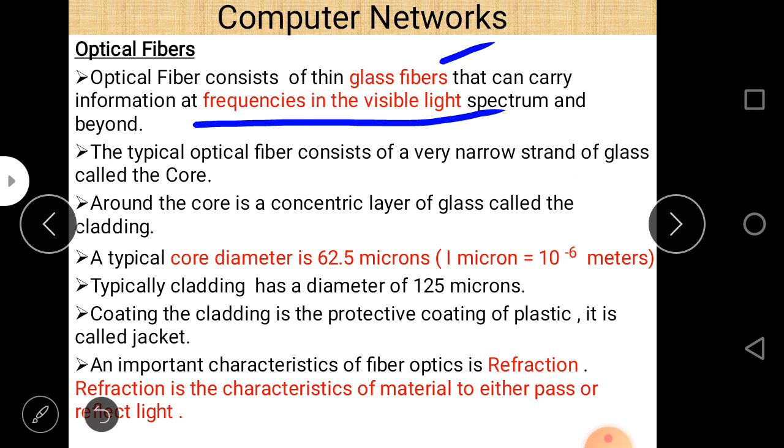The glass fiber can carry information at frequencies in the visible light spectrum, so speed is much higher compared to the others.